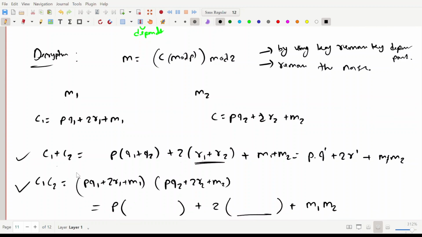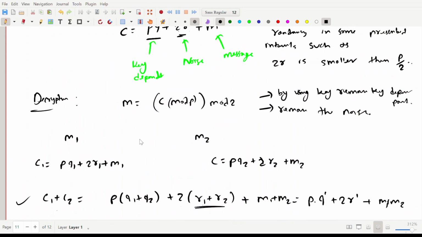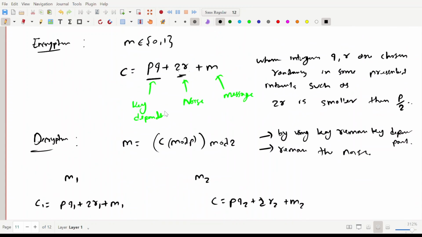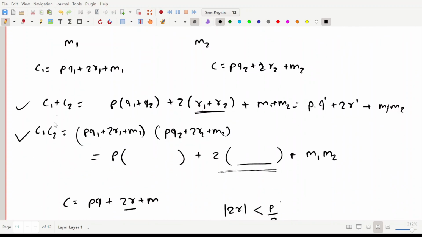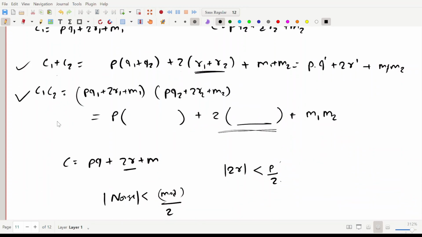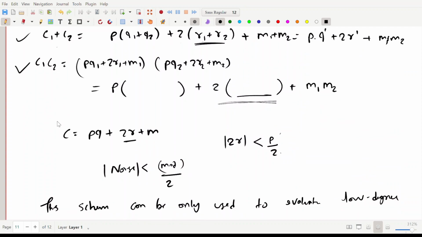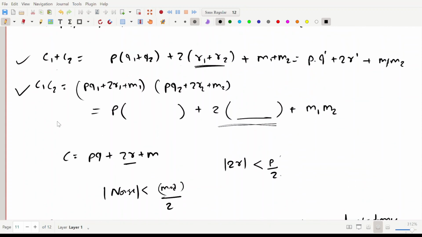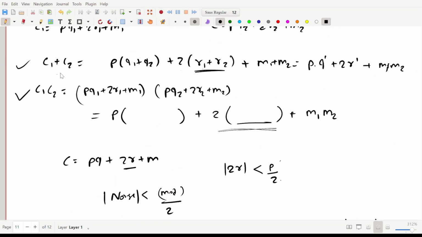And I saw the homomorphic property, I add, I multiply. Then what do I observe? First of all, decryption is possible only if your noise part is less than P by 2. So that means I can perform only low bit Boolean circuits, because suppose I am adding two ciphertexts, the error is now 2 into R1 plus R2.